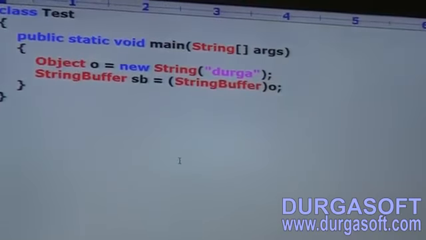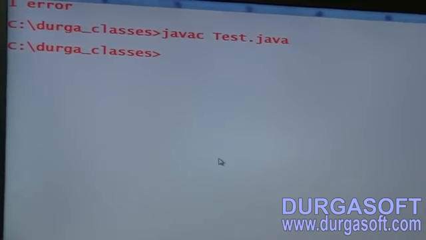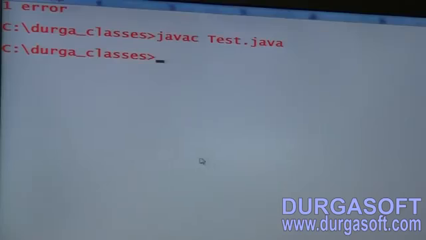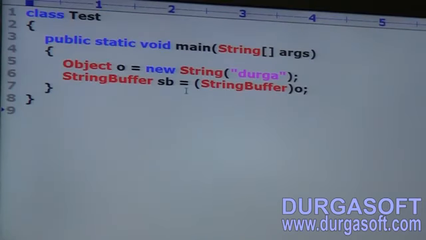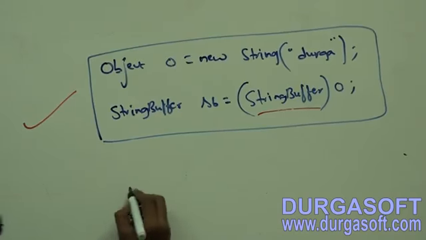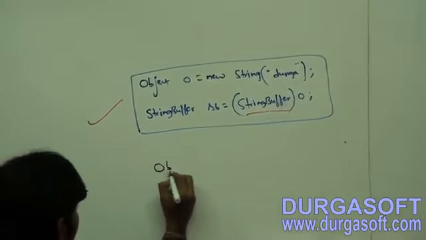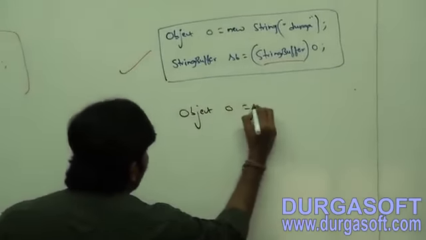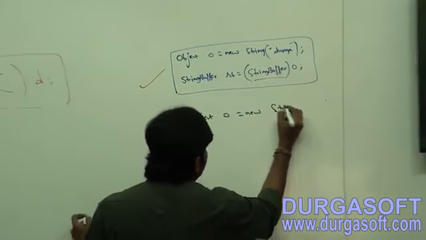No problem at all, that's why it is valid. No compile time error, so it is very clear because both conditions got satisfied. Now I want to make a small change to this code. It's my second example, right? Understand this one. Second example I am taking: Object O is equal to new String of Durga.